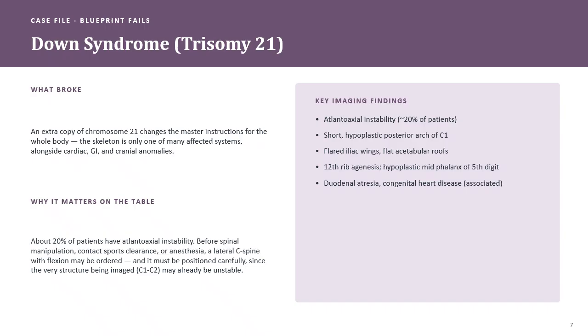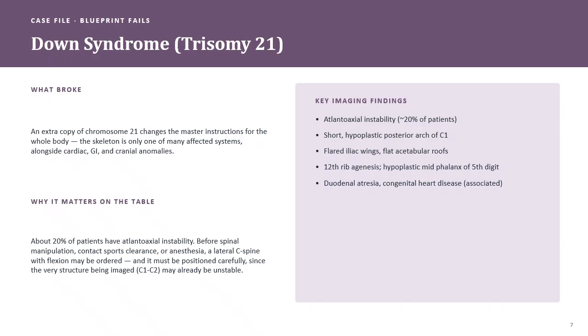A patient may also be referred for cervical spine imaging, including flexion or extension views, to evaluate that area more in depth. The key point is that these are not routine movements that we're going to force the patient to do. If instability is suspected, we want to follow the order and departmental protocol carefully. We want to communicate with the patient and their caregiver.